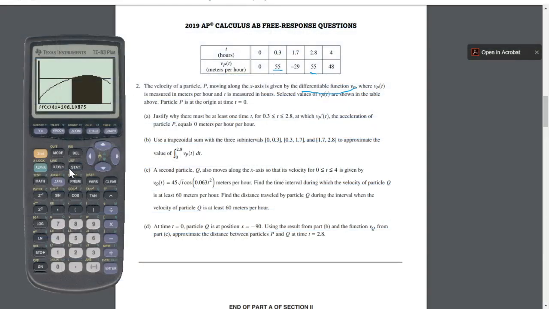Trace an integral, 0, 2.8. What's going on?